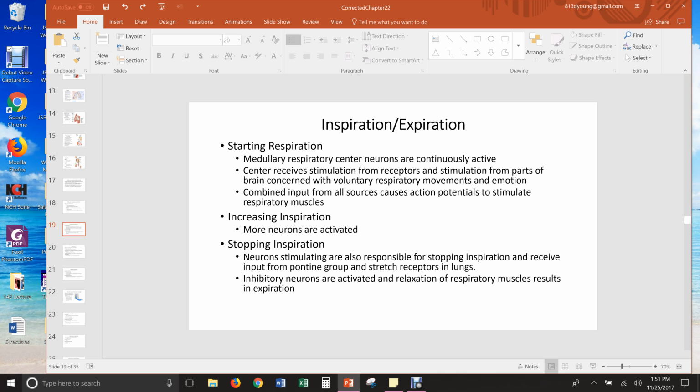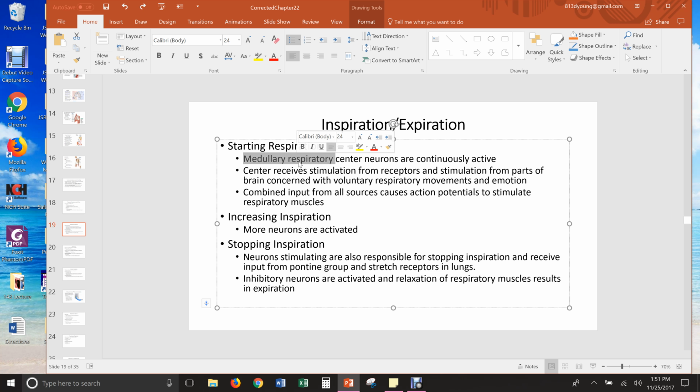When we breathe, we know that it starts at the respiratory center in the medulla, because it's receiving information from receptors. The information gets turned into an action potential. This activates more neurons because of the pressures and receptors.